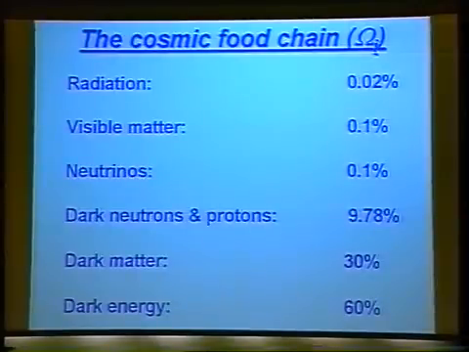If neutrinos have a mass of a few times 10 to the minus 2 electron volts, as suggested by atmospheric neutrino oscillations, then neutrinos have as large a mass density in the universe as visible matter. Most of the neutrons and protons in the universe are dark, contributing about 10% to omega. Dark matter is about 30%, and dark energy is about 60%.